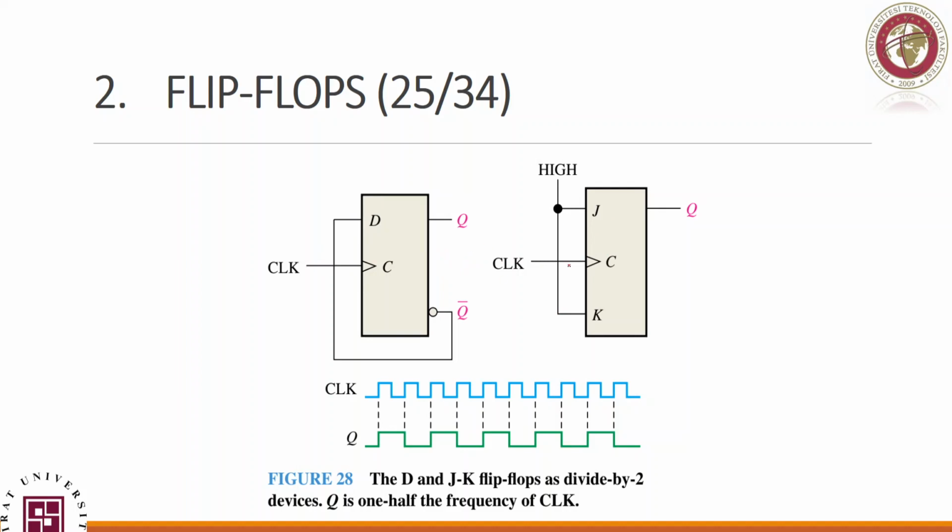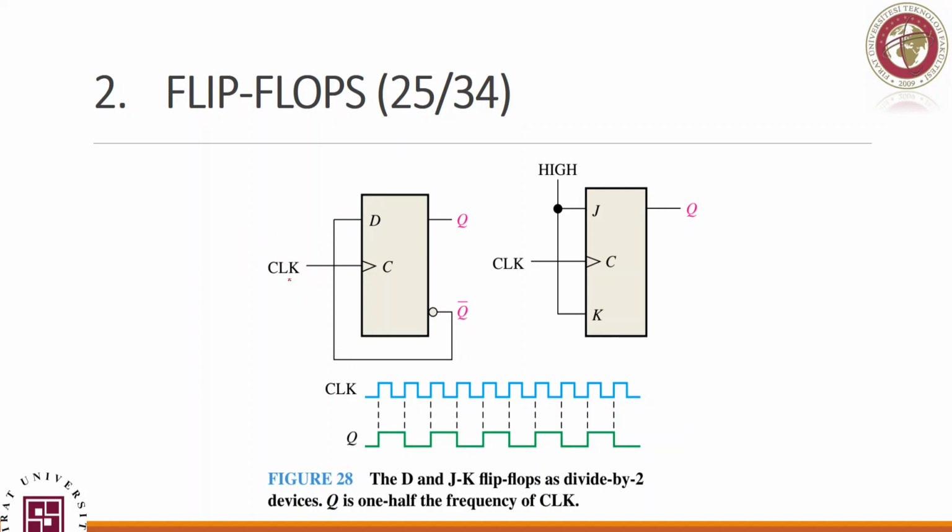Now let me give you the common configuration of the circuit that achieves frequency division by flip-flops. We will go through both of these. Now look, for D, we take the Q bar, the inversion of Q, the second output of the flip-flop, and we feed it back to D. Now we don't have any input other than the clock.